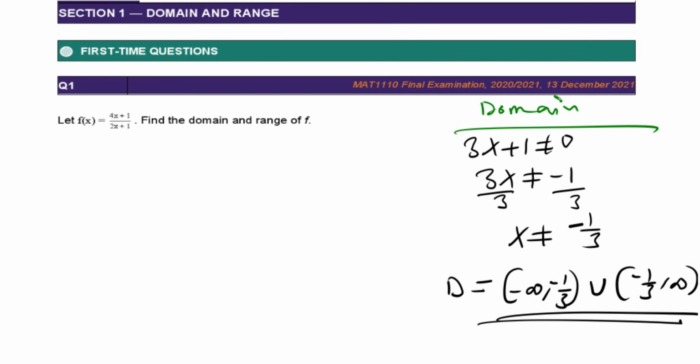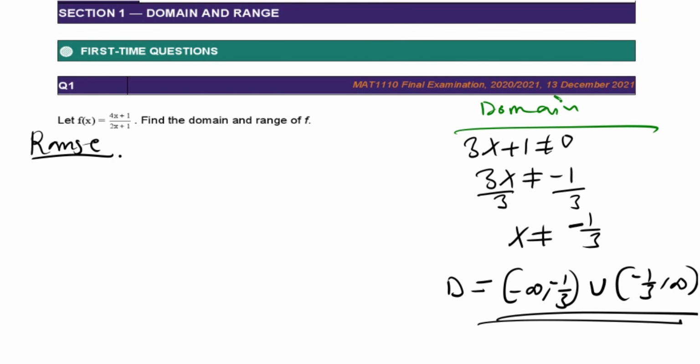How do we find the range of the function? You can either find the inverse, or the best way is this. To find the range of this function, you look at two things. Is the function bottom heavy? Bottom heavy means that the degree of x down here is greater than the degree of x on top.